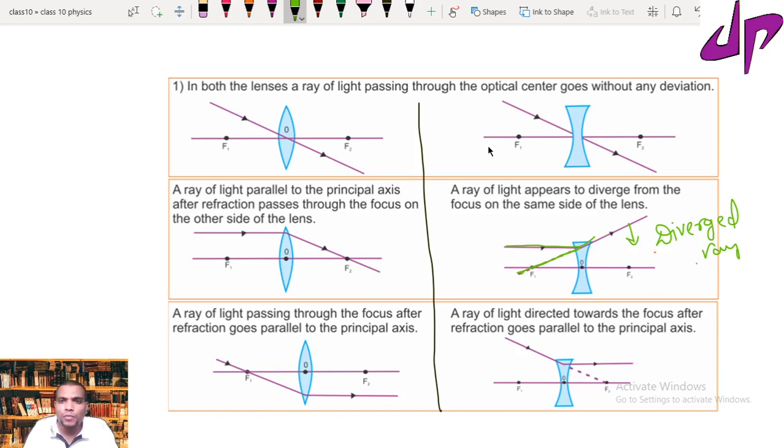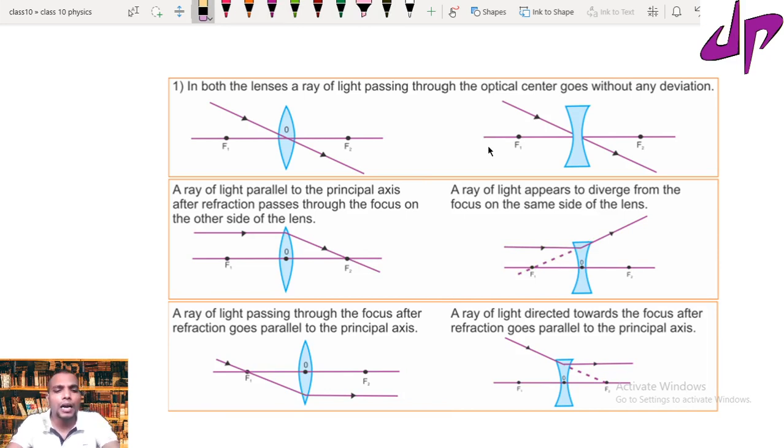And the final rule: a ray of light directed towards the focus, after refraction goes parallel to the principal axis. So these are the simple rules we will be following carefully to draw the corresponding ray diagrams for the coming concepts.